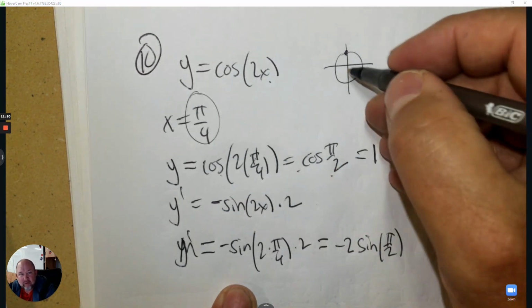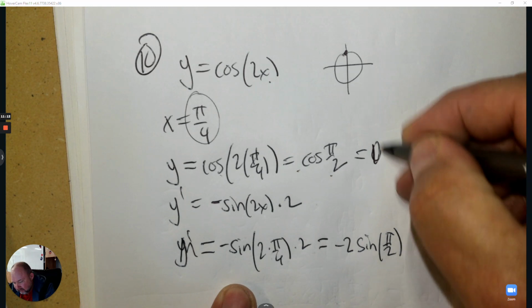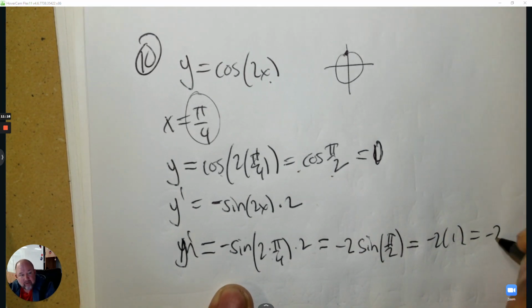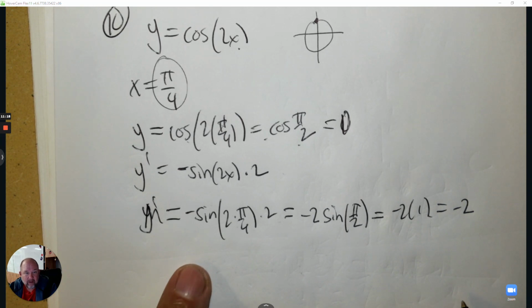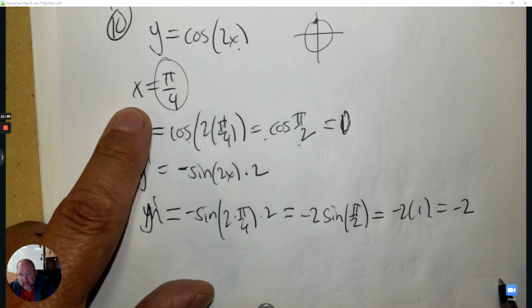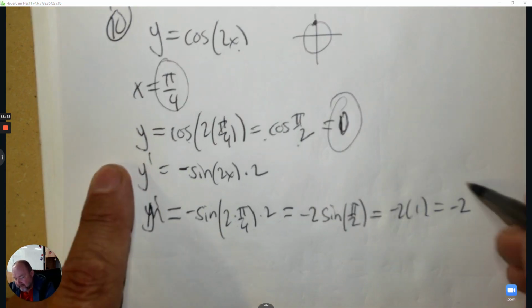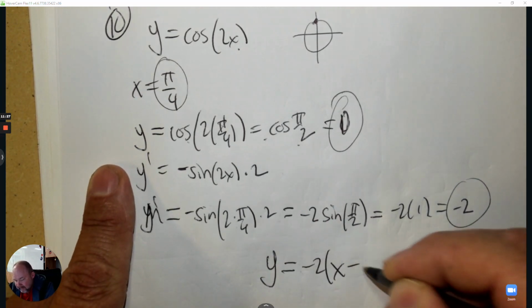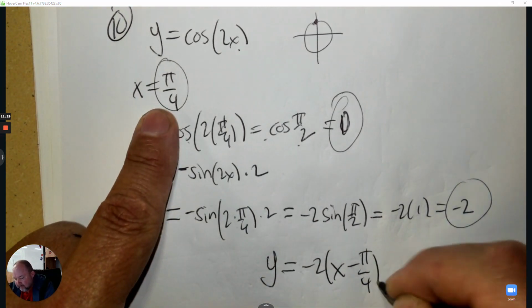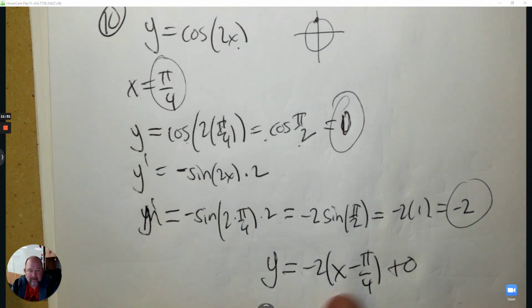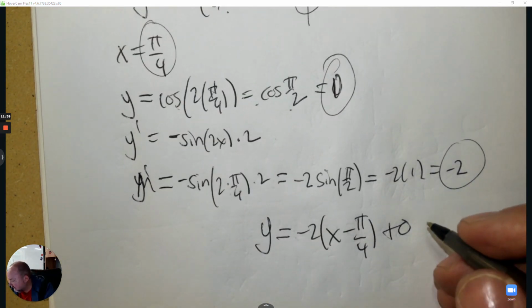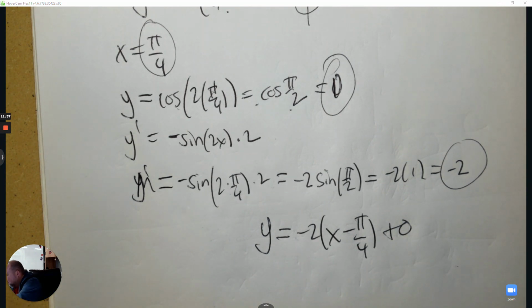Cosine pi over 2 is the y value right there. This one is 0. This one is going to be 1. But negative 2 times 1 is negative 2. All right. So the x-coordinate, the y-coordinate, and the slope. So we usually write y equals negative 2, x minus pi over 4. And then you go plus 0 and you don't really need it. But is there an answer that matches this? Negative 2 x. And I see it matches with E.